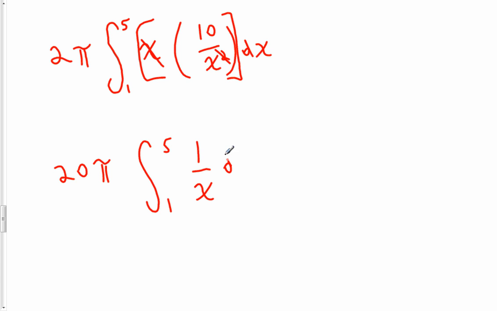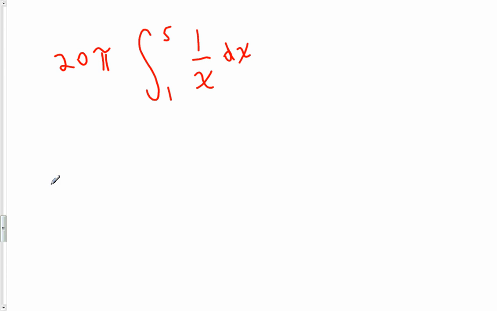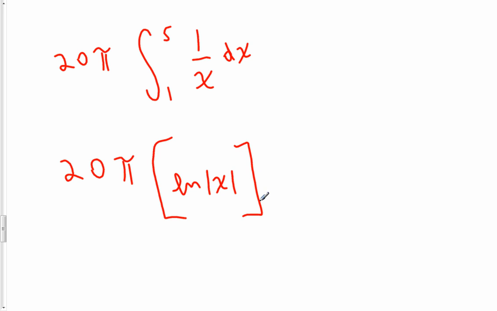dx. The integral of 1 over x dx is going to give us 20 pi times the natural log of the absolute value of x from 1 to 5.